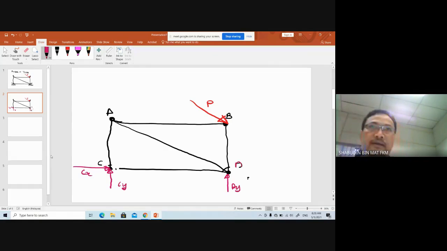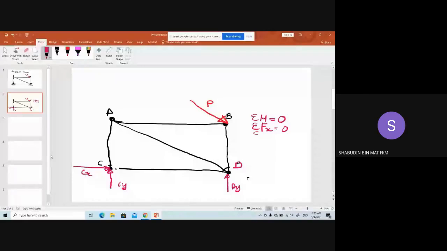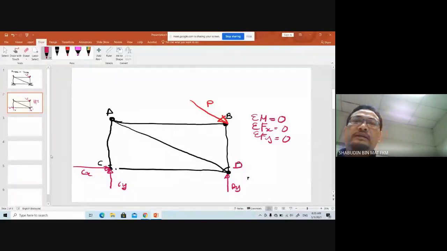Okay, then you use summation of moment equal to 0 at any point, summation of force in X equal to 0, summation of force in Y equal to 0. Then you can get the values of DY, CX and CY.